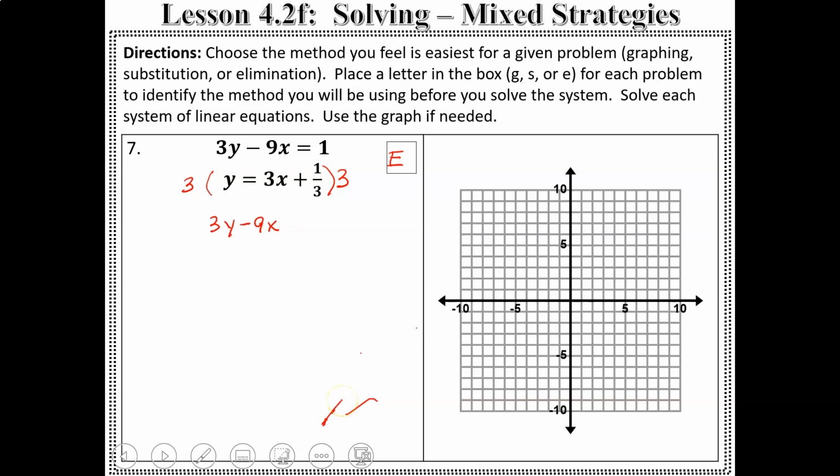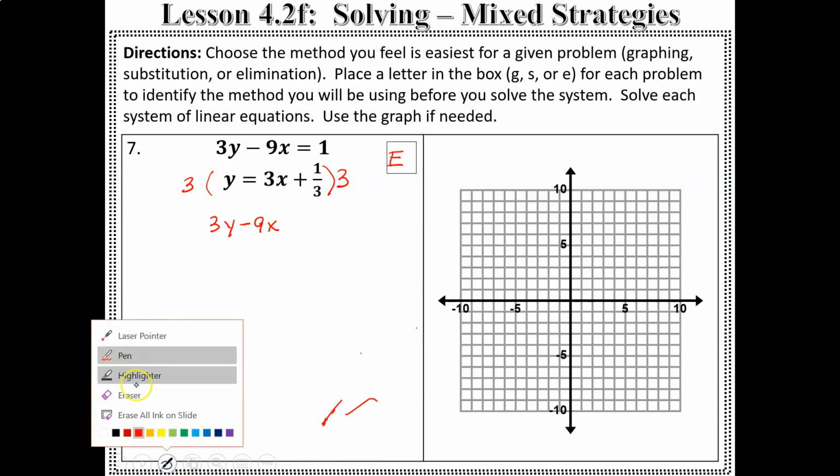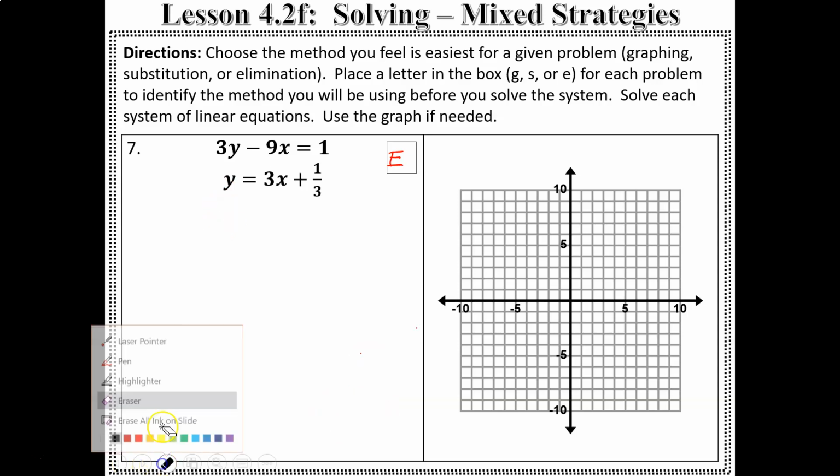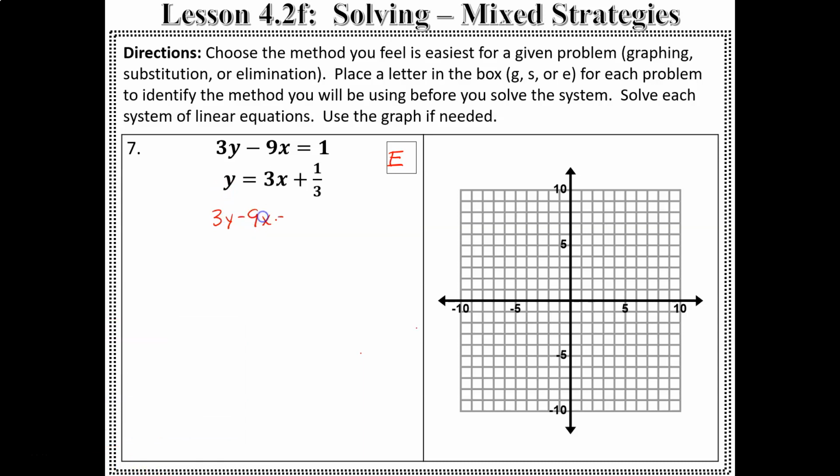Oh, but I'm not so sure that's going to work. Let's rearrange it first. Let's erase all this. So this one has a lot going on. Let's leave the top one alone. And let's rearrange this one.